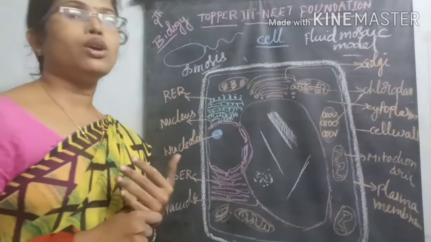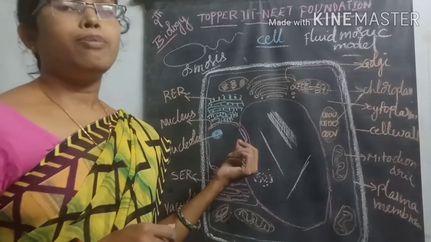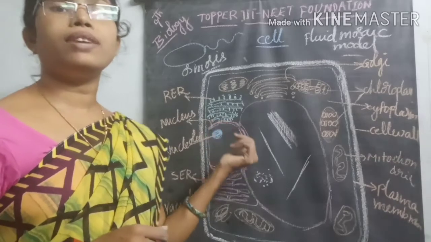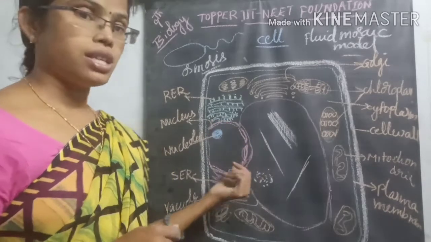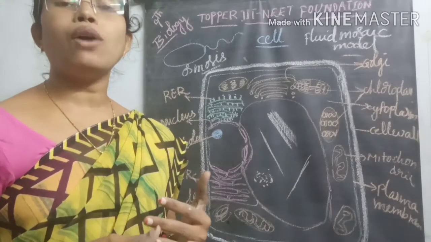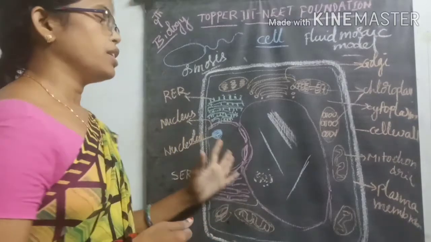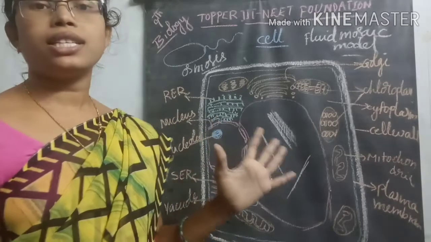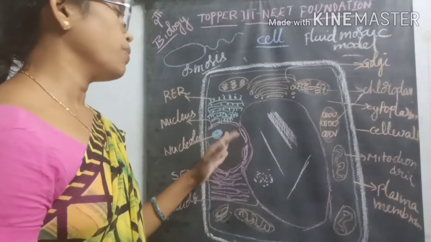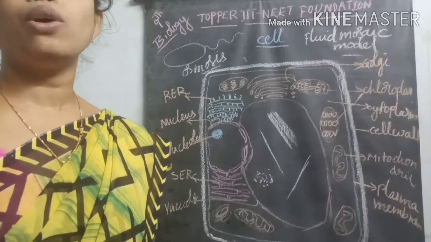with smooth endoplasmic reticulum. Rough endoplasmic reticulum plays an important role in protein synthesis. It is mainly bound with ribosomal structures, and smooth endoplasmic reticulum is present without ribosomes. The cytoplasmic structure which is present inside the nuclear envelope is called nuclear sap or nucleoplasm.